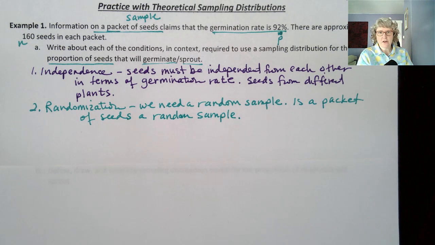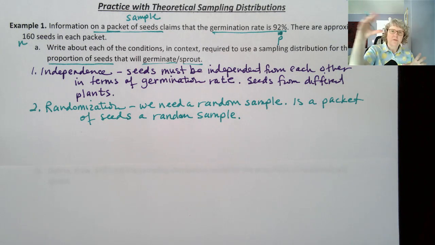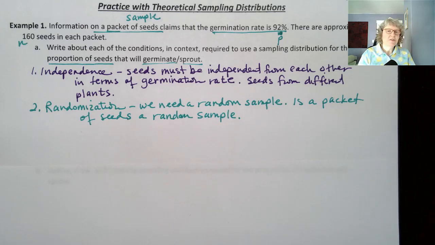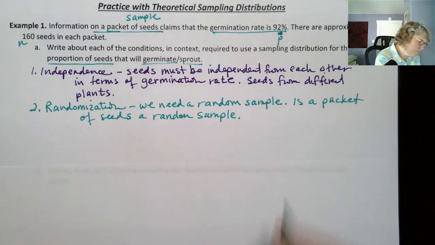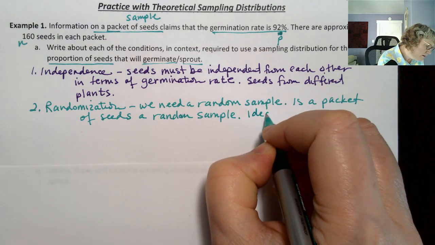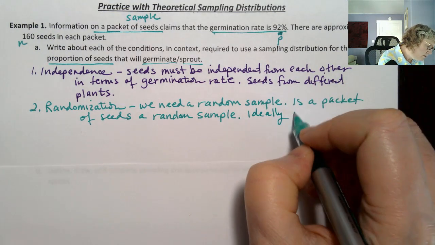It probably depends on the seed company and how they're processed. Do they take all the seeds and dump them in a bin, mix them really well, and then put them in the packets? Or is it like, this tomato goes in here, and this tomato goes in here? I don't know, but ideally it should be.